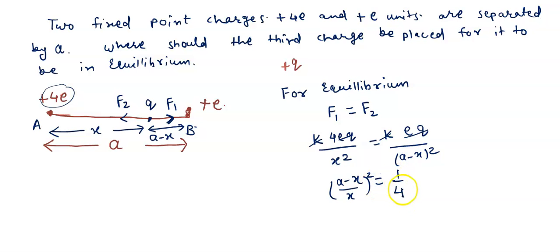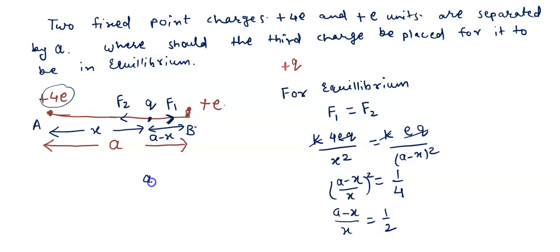So this will be (A minus X) upon X, whole square, and that is equal to 1 by 4. Or you can write (A minus X) upon X is equal to 1 by 2.